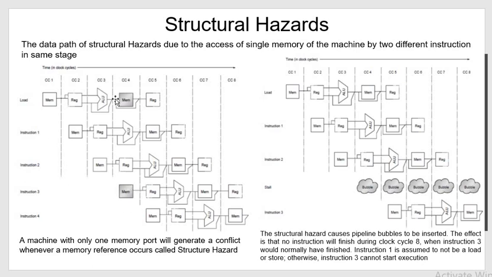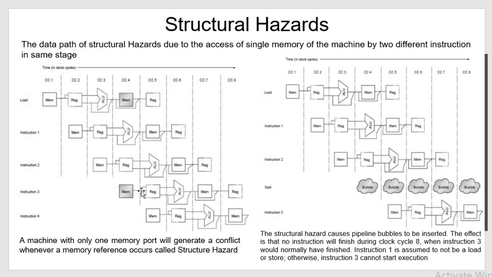This is a detailed diagram, and this particular diagram is providing the solution. So whatsoever structural hazard caused in the pipeline, that hazard will be removed by introducing what? Introducing one stall. So this is the one stall. Its another name is bubble. It can also be called a bubble.